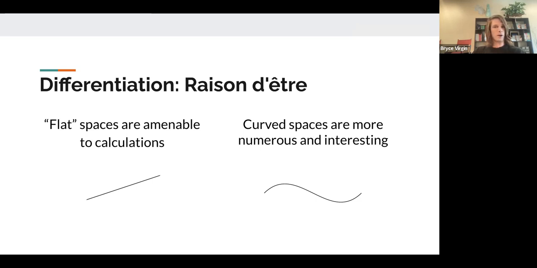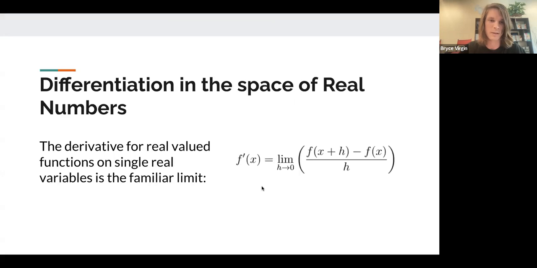But there are comparatively few of them when we look at all of the possible shapes that we could investigate. There are a lot more curves, and curves tend to be more interesting to far more people. Wouldn't it be nice if there were situations where we could treat curved things like flat things? Differentiation answers this question with a yes.